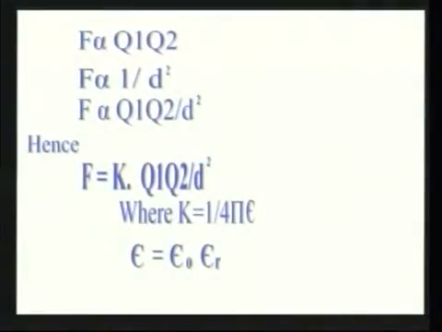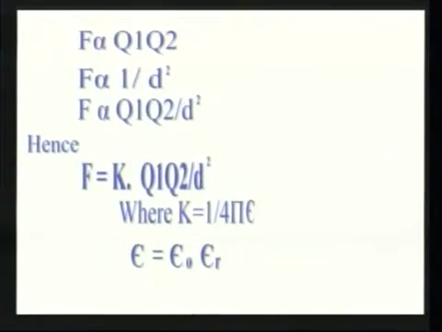The mathematical treatment of this law is as follows. F is proportional to Q1 Q2, and F is inversely proportional to d square, that is distance square. As a whole, F is proportional to Q1 Q2 by d square.